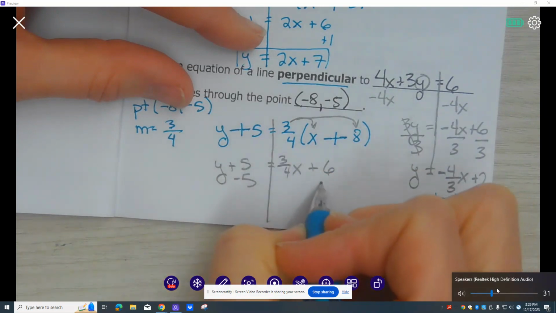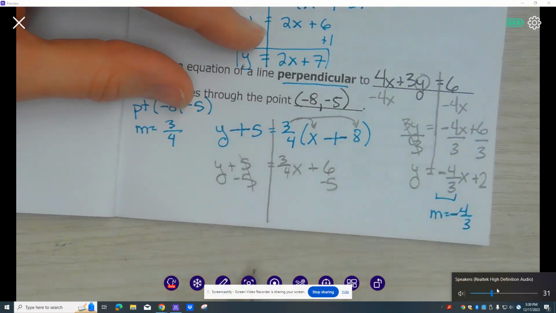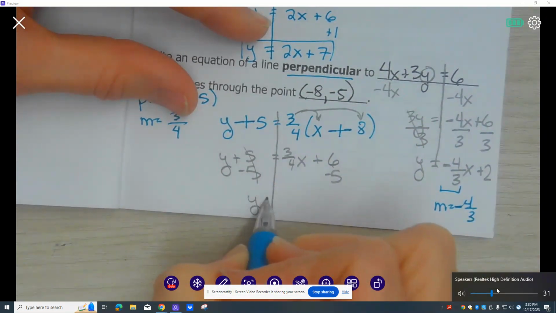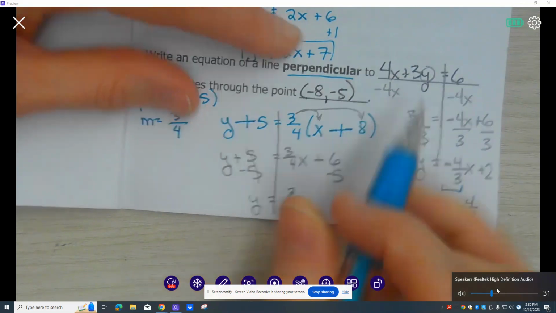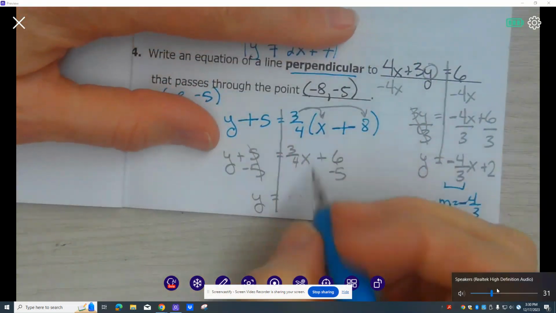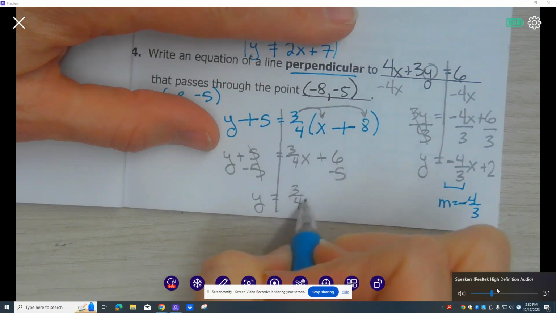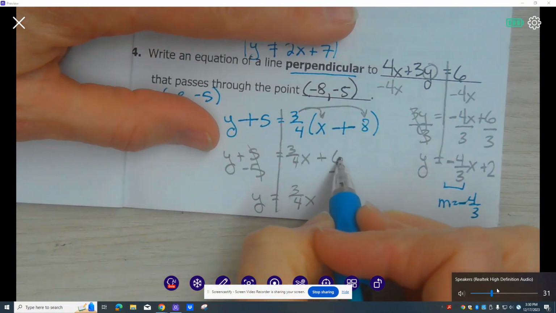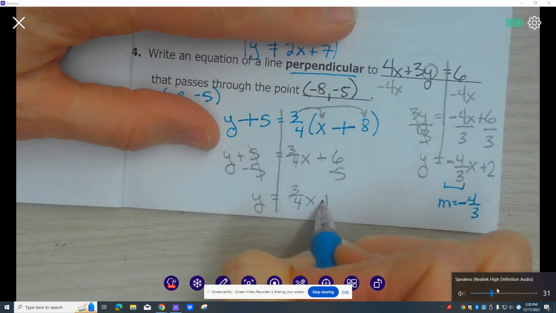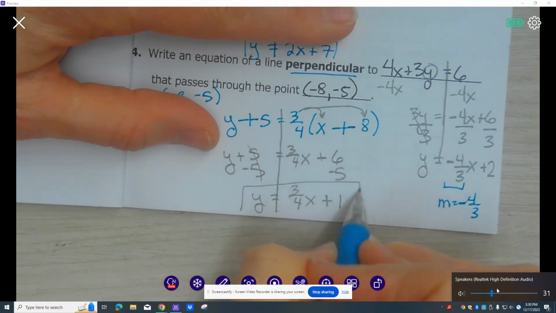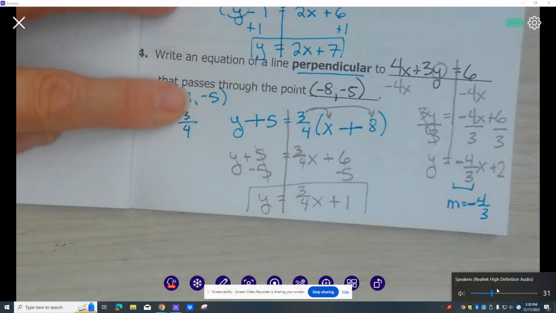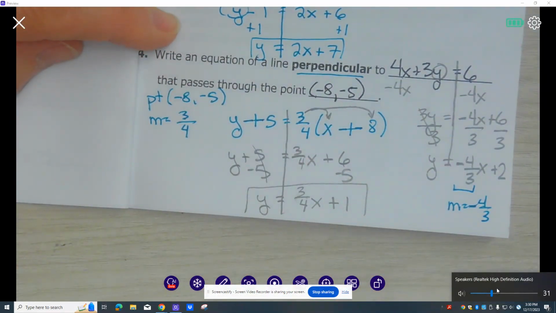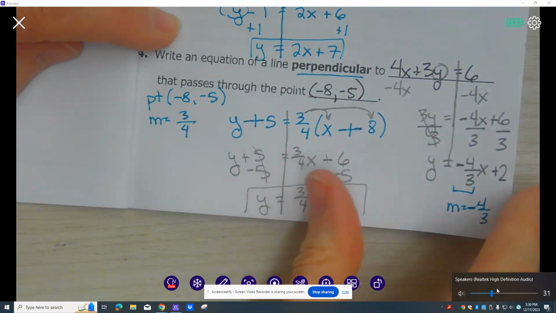Minus 5 from both sides. Gets me a 0 over here, so y by itself. Ooh, that's not very neat. 3/4 x. 6 minus 5 is 1, so plus 1. Okay, so make sure you have that in your notes.